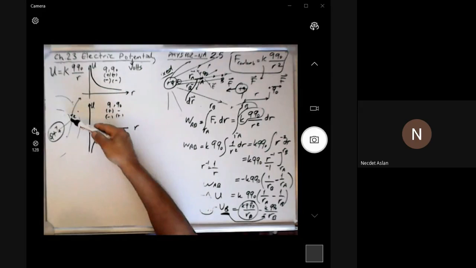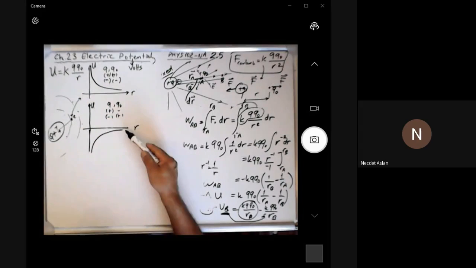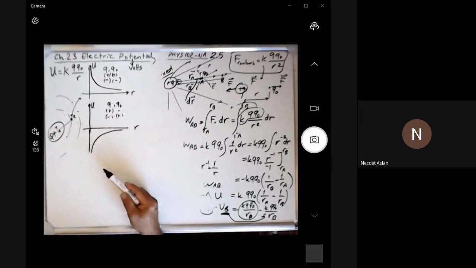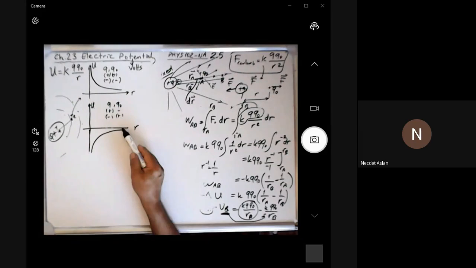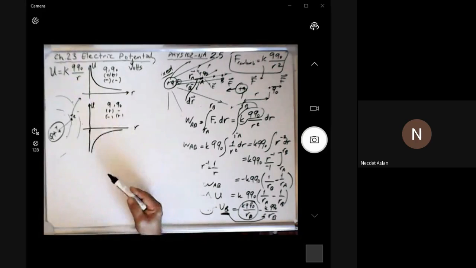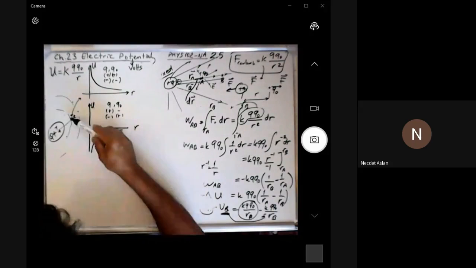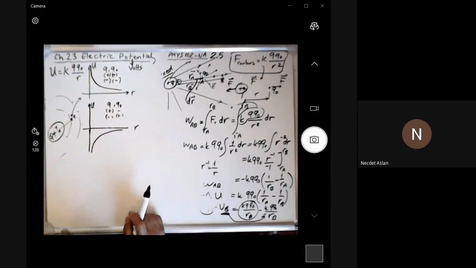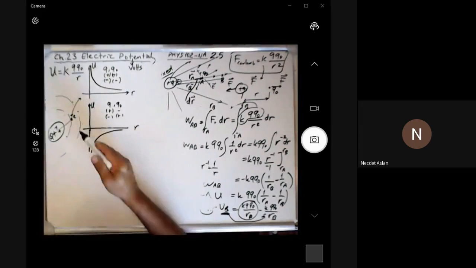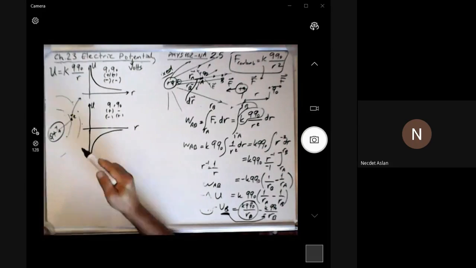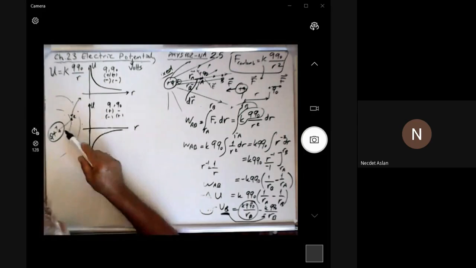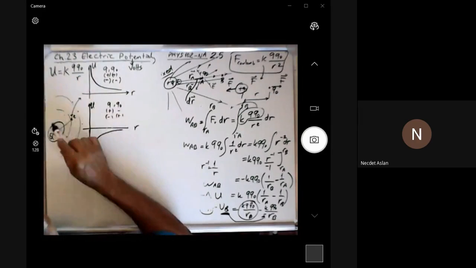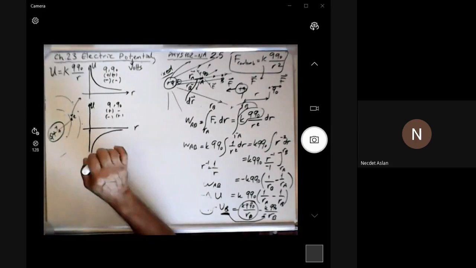The kinetic energy also decreases until you give some external force on the electron so that its speed increases. As you see, the sign of the potential energy is telling you how the system is arranged.